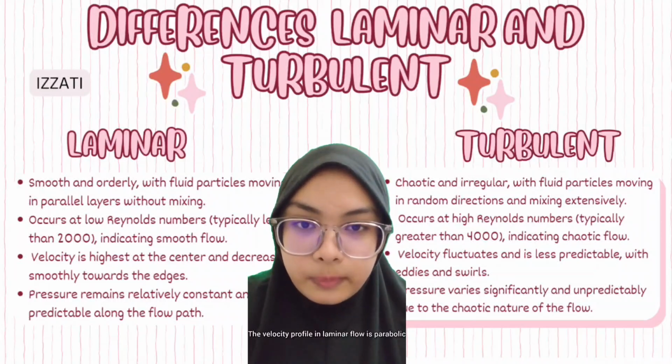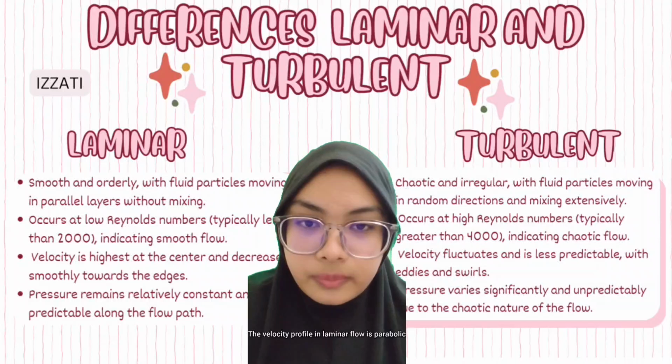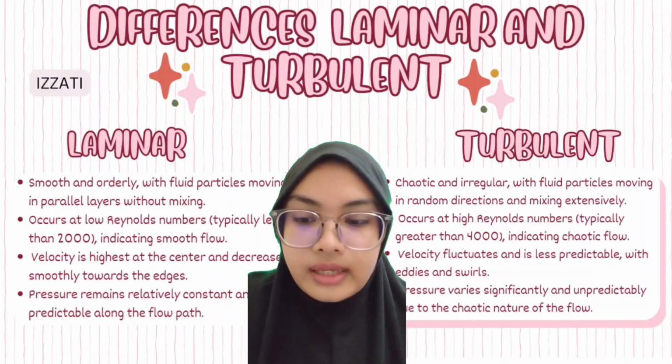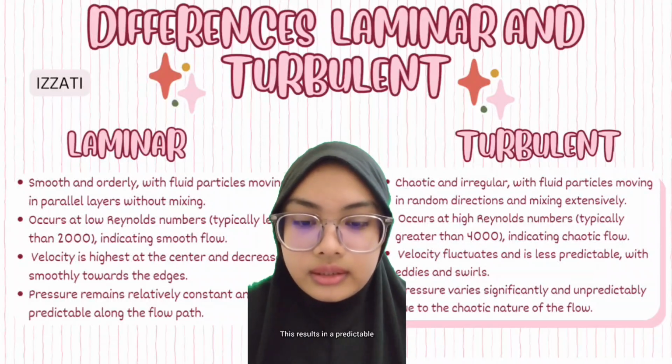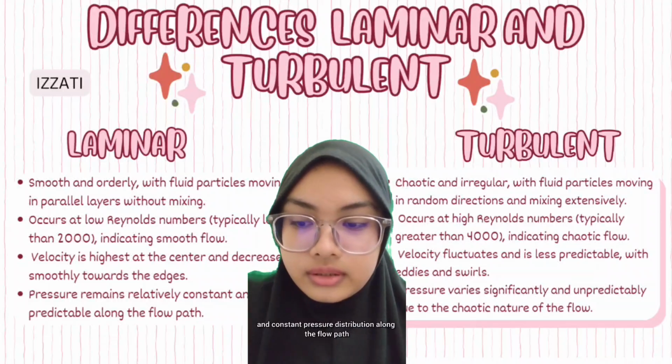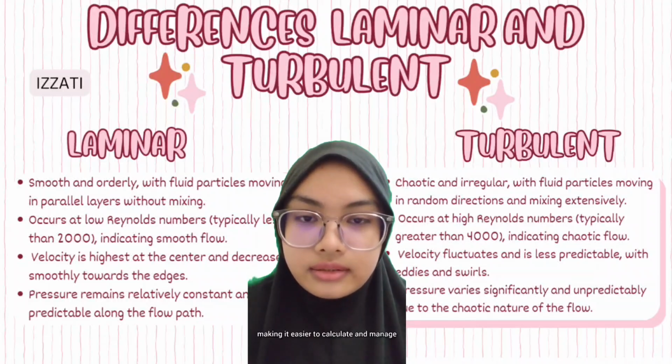The velocity profile in laminar flow is parabolic, with the highest velocity at the center and decreasing smoothly toward the edges. This results in a predictable and constant pressure distribution along the flow path, making it easier to calculate and manage.